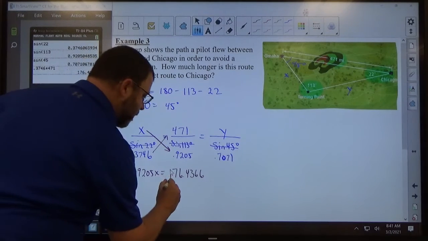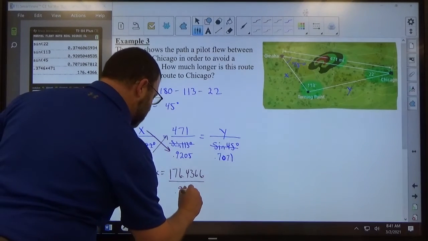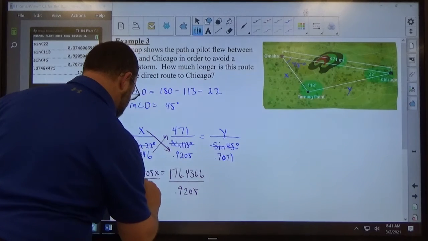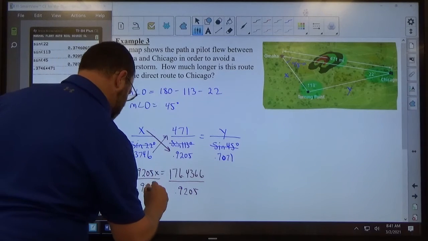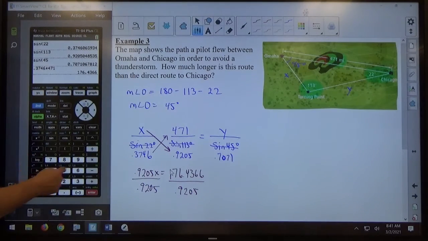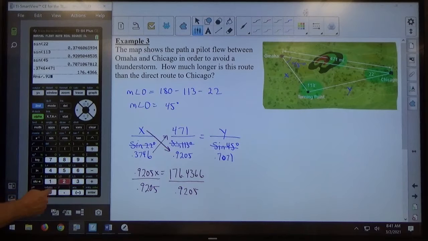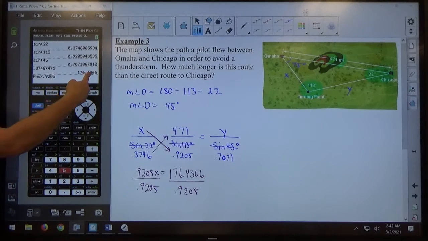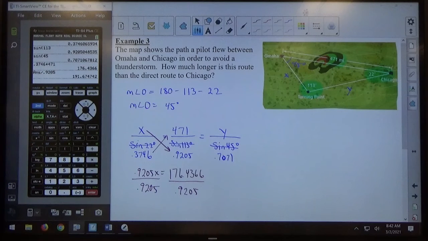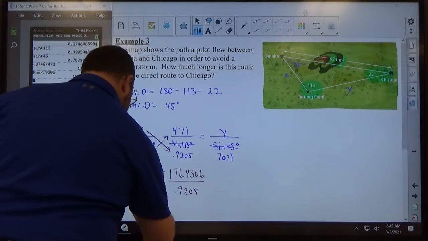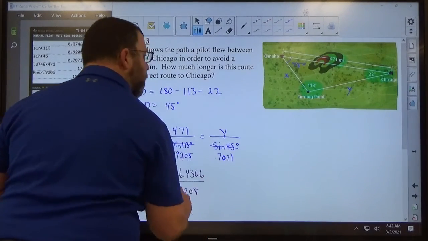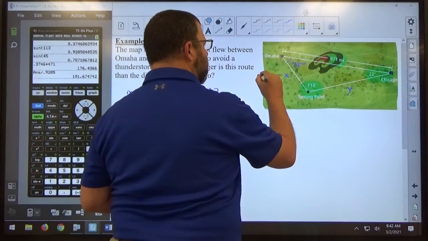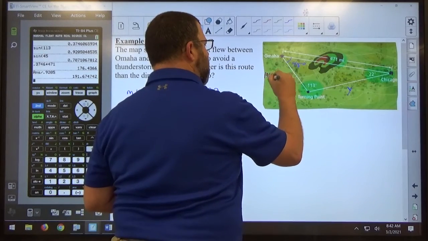So to get x, I still require to divide by 0.9205. If you already have a number on your screen, if you hit divide by, it usually says previous answer divided by. So 191.67 miles. Again, that represents this one, 191.67 miles.